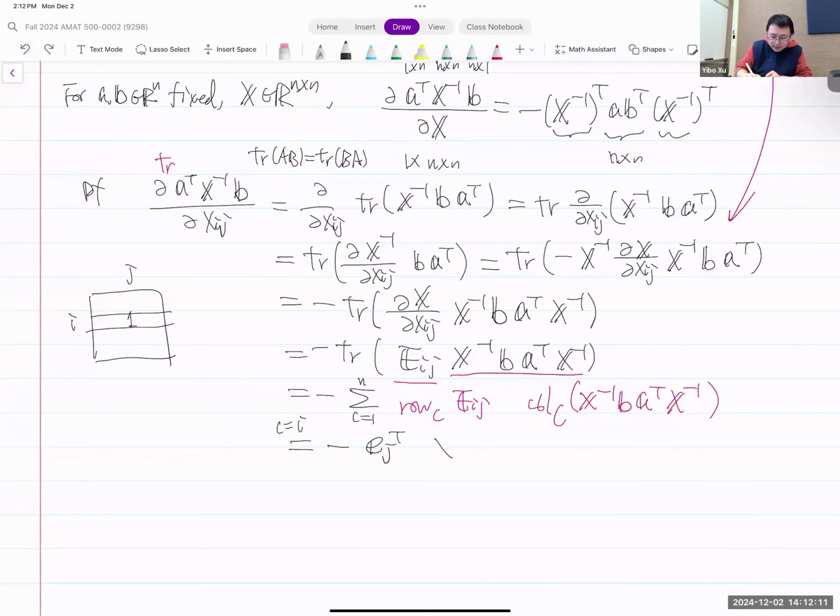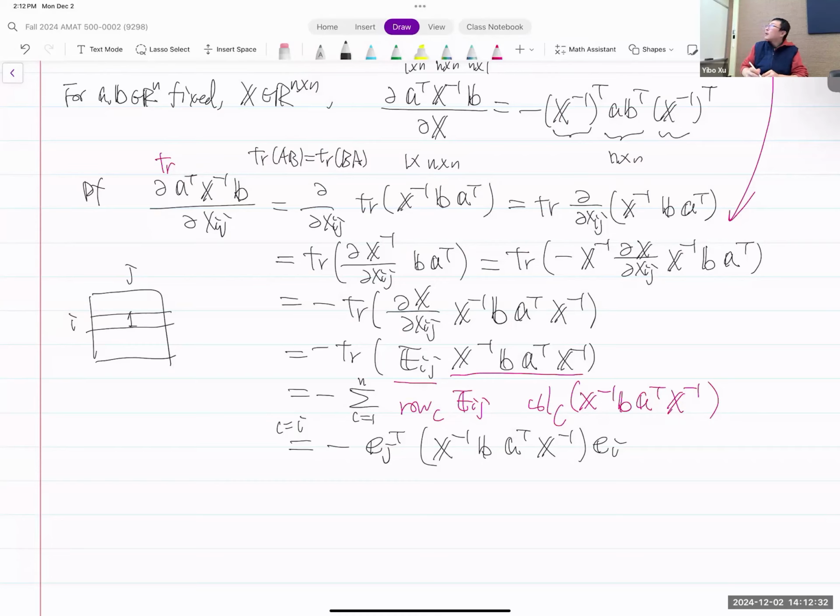Let me write that column I as the following. If I want to get that ith column, I just multiply by ei on the right.